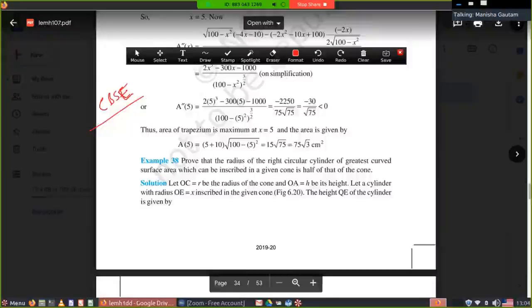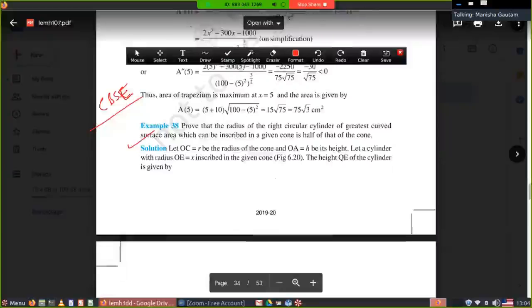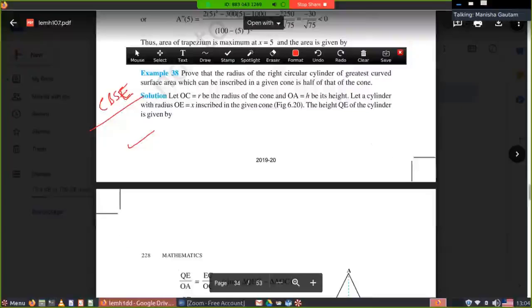Prove that the radius of the right circular cylinder of the greatest curved surface area, which can be inscribed in a given cone, is half of that of the cone. Example number 38. First of all, you have to understand what is given in the statement.